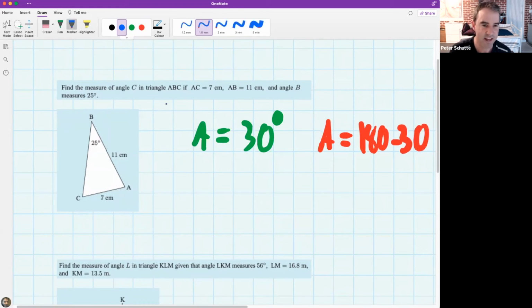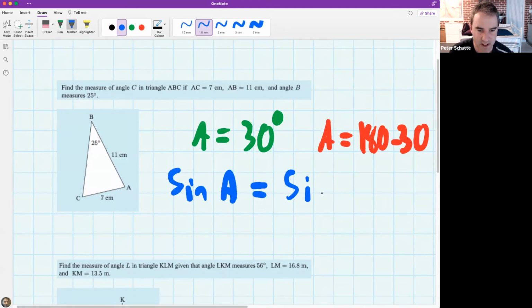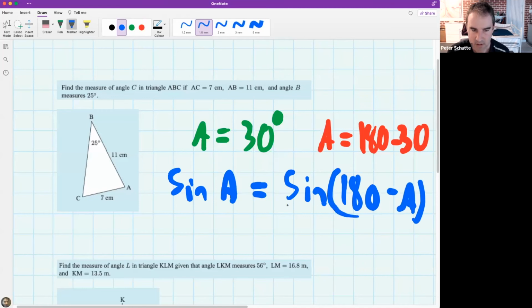And the reason this happens is that the sine of A is the same as the sine of 180 minus A. So you're going to see this in the question now, but just realize that when we use the sine rule to find angles, there is a possibility of a second answer.